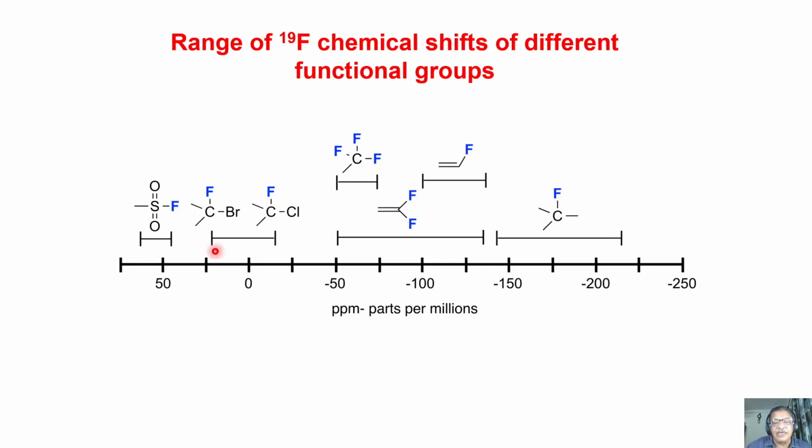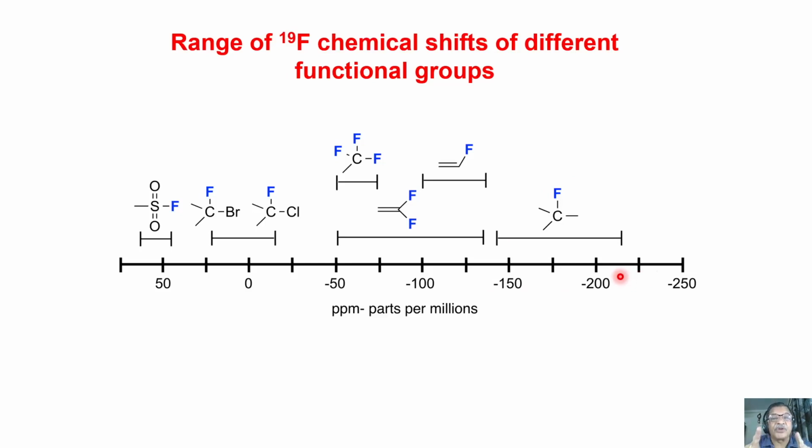I don't want to go into the details. Different functional groups. If I say fluorine attached to a methyl group, it can come anywhere between. Of course, remember some of the chemical shifts for some nuclei can go to negative frequency, negative ppm. See here, with respect to CFCl3, when we measure, this can go to even minus 250 ppm, and this group comes somewhere between minus 50 to minus 200 ppm.